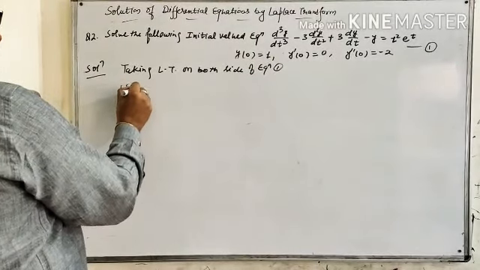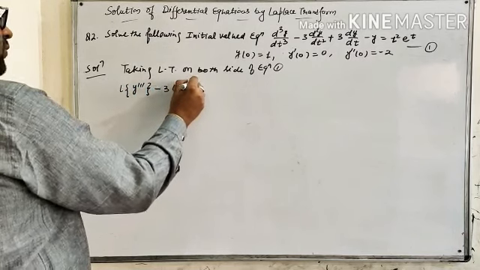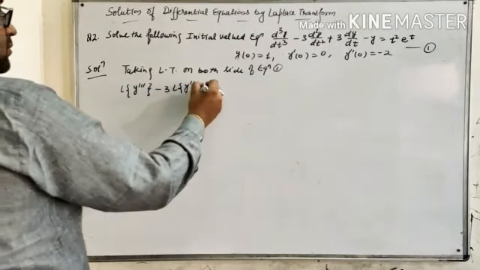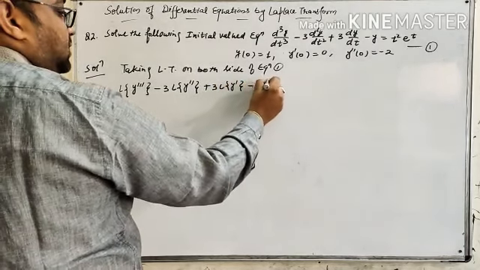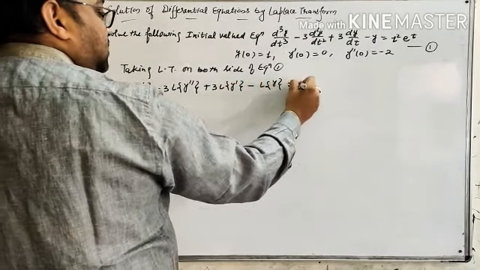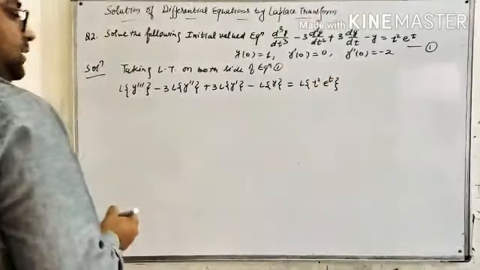Laplace of y triple dash minus 3 Laplace of y double dash plus 3 Laplace of y dash minus Laplace of y is equal to Laplace of t square e raised to power t.